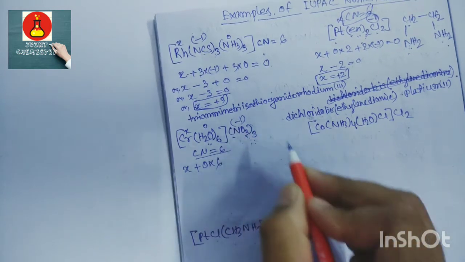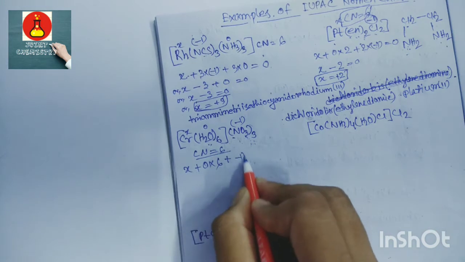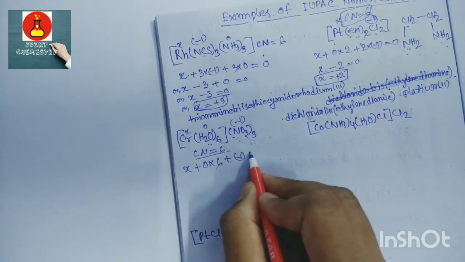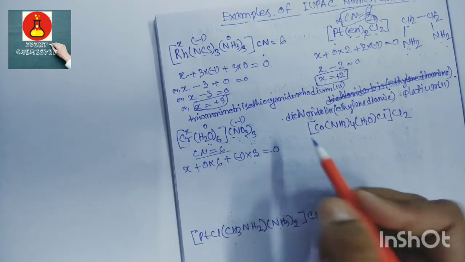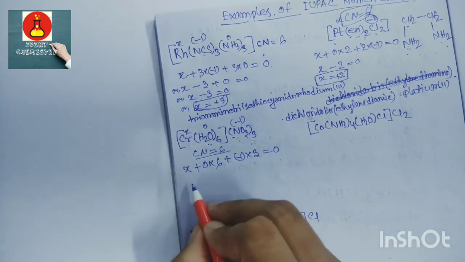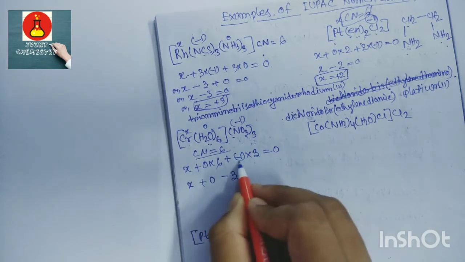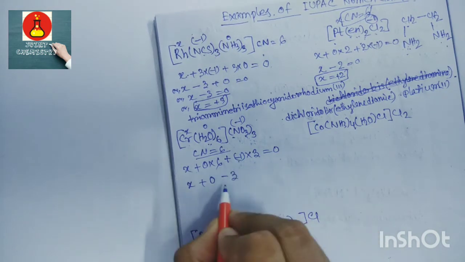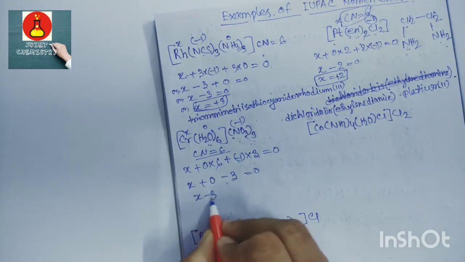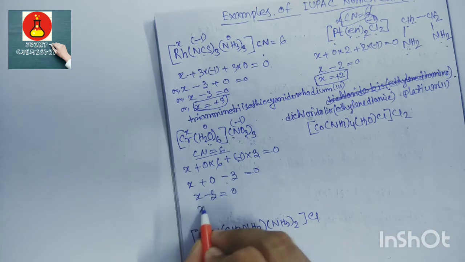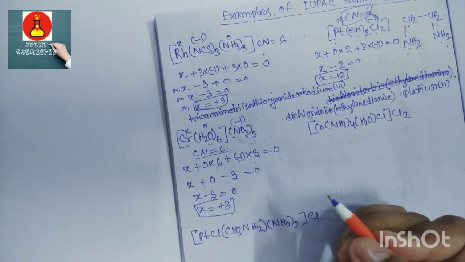Each of them donates minus 1 charge, so minus 1 into 3 is equal to 0. Overall this complex is neutral, so it is equal to 0. So X plus 0 minus 3 equals 0. So X minus 3 is equal to 0. So X is equal to plus 3. So the charge of the chromium is 3.